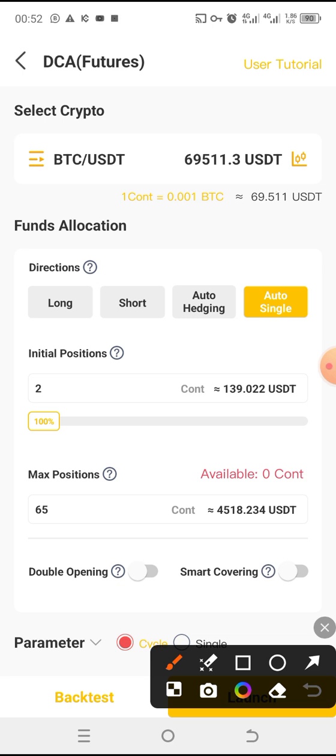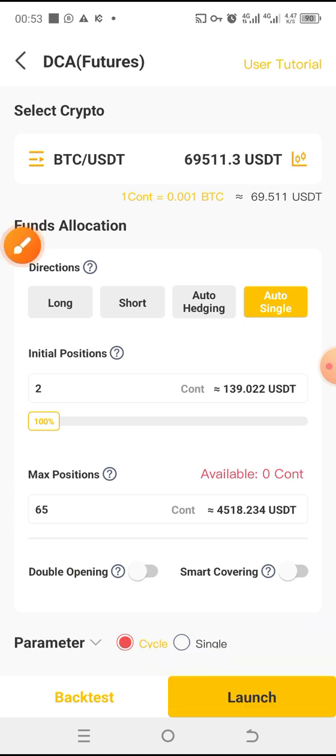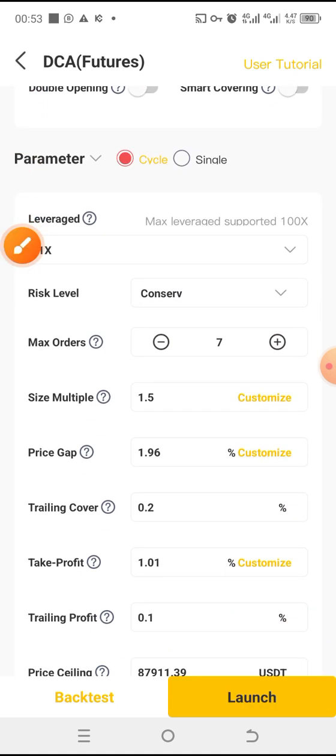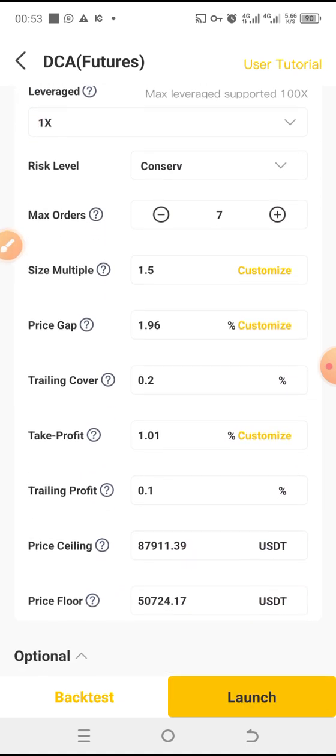One other thing I just want you to know when trading futures is the difference between futures and spot. It is about liquidity. Sorry. Let me check the numbers of orders.